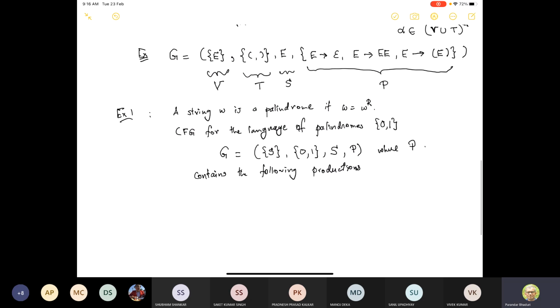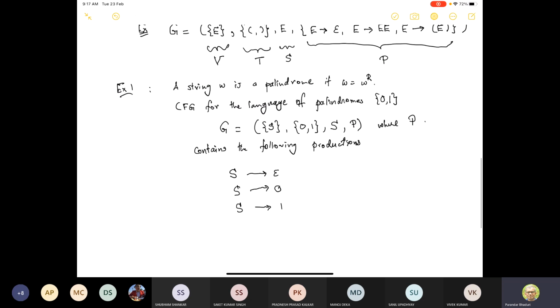Just think of the inductive definition of palindromes, okay? So the base clauses are, if you have the empty string, that is a palindrome, right? But also, if you have just a single symbol, that is also a palindrome, whether it's 0 or 1 or anything else.